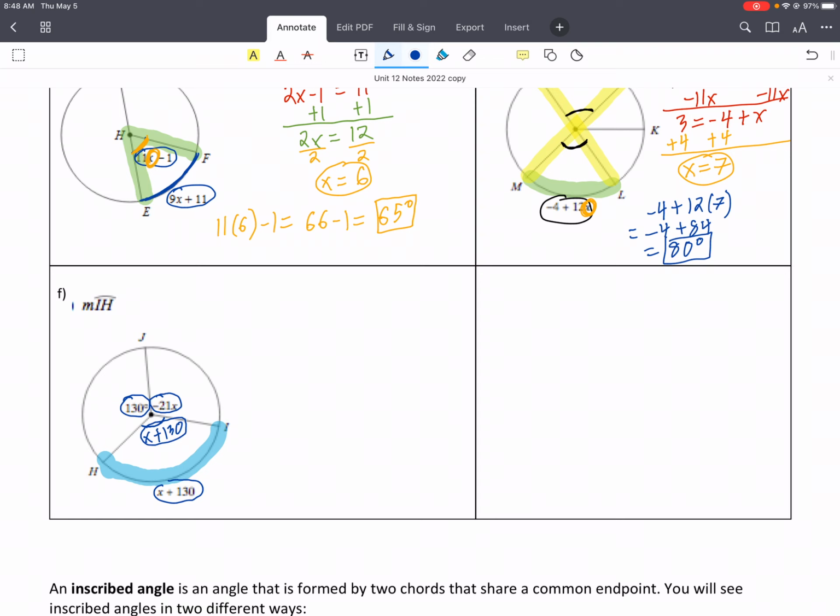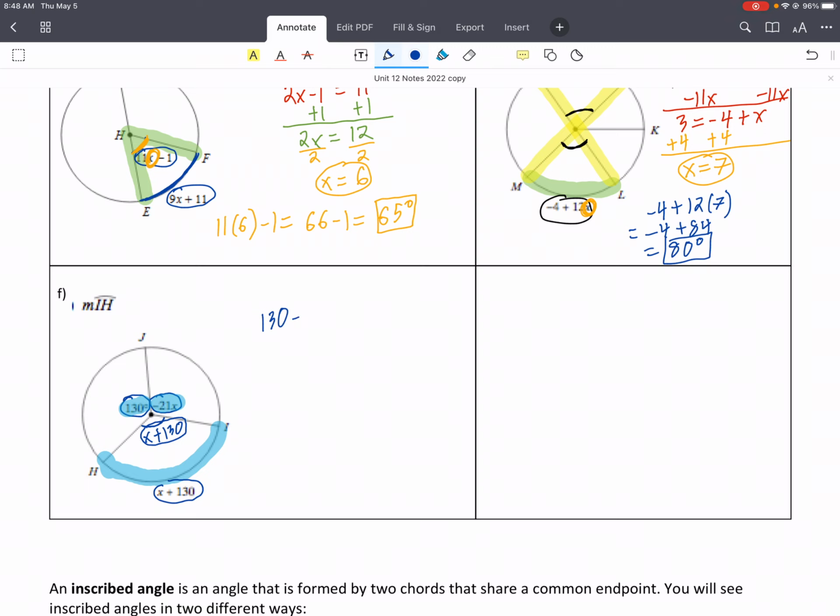Well, if we add all three of those angles, what do they add up to? How many total degrees are in a triangle, or in a circle, sorry? 360. So what we can do is take 130 and then add in negative 21x.